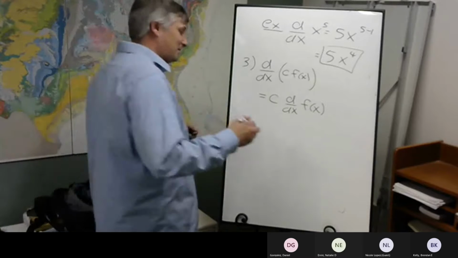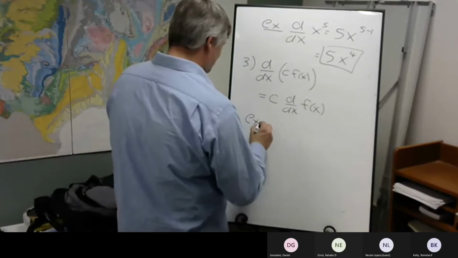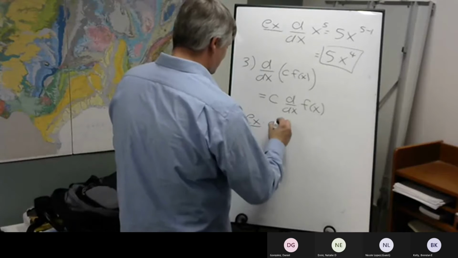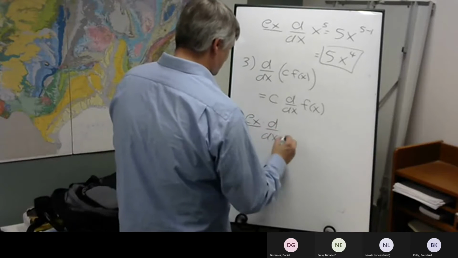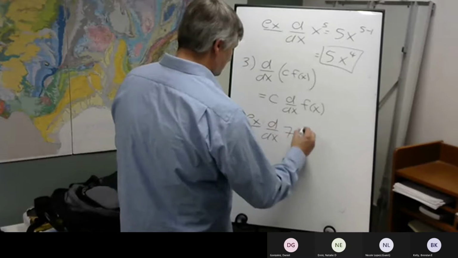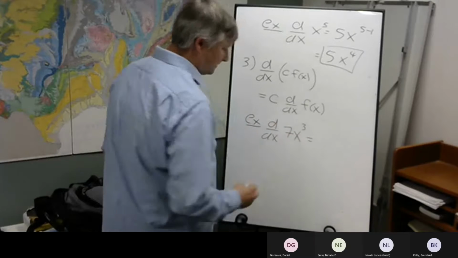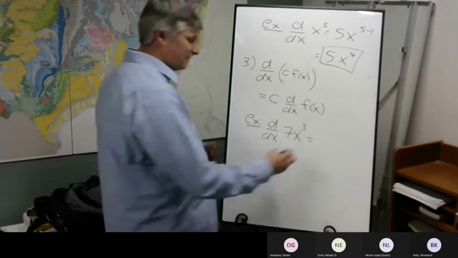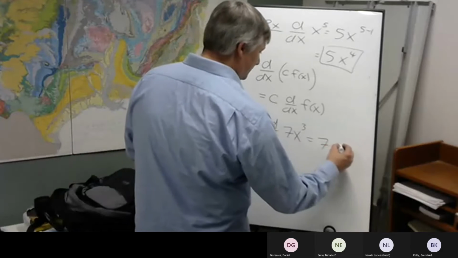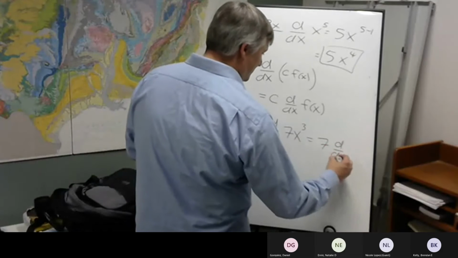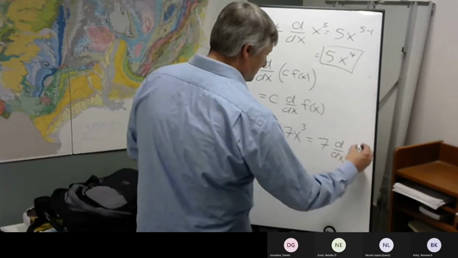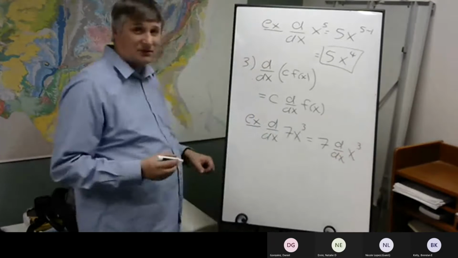So what that means, you take this derivative, it's going to be 7 times d dx of x cubed.